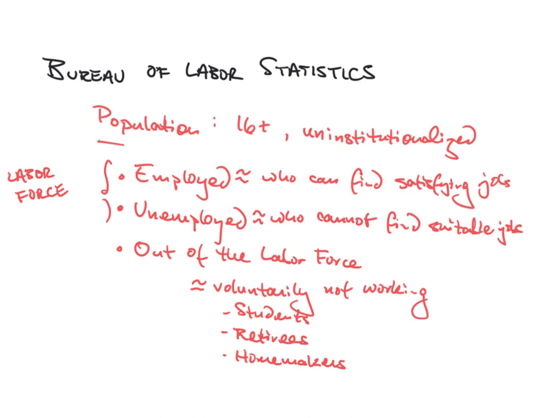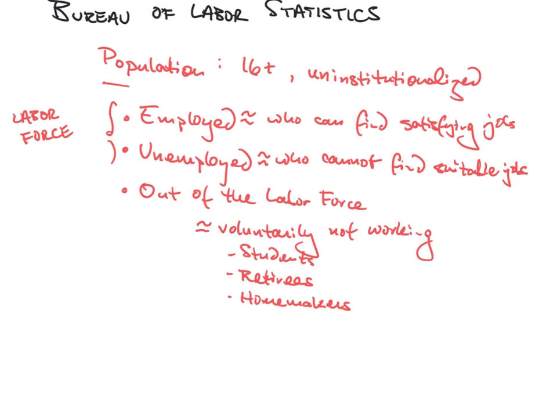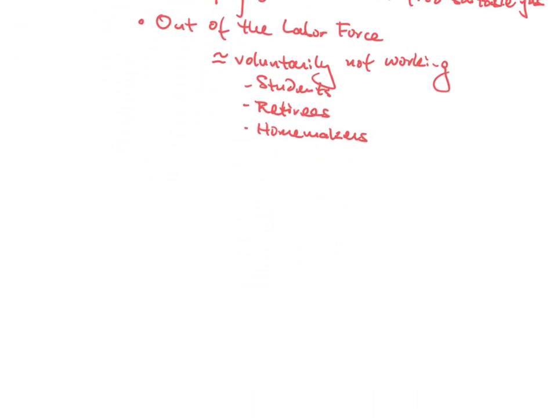Okay. Then, on a more technical level, let me explain how they actually go about determining someone's status. It basically boils down to two questions. The BLS asks in the survey, first, are you currently working for pay?